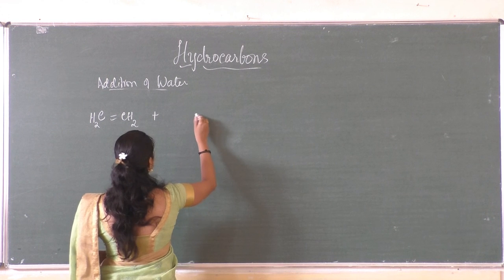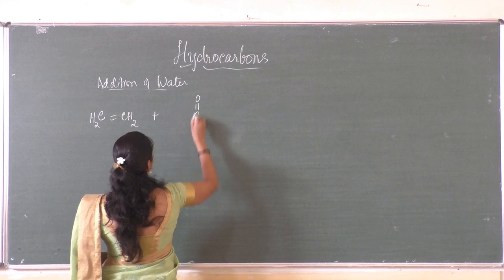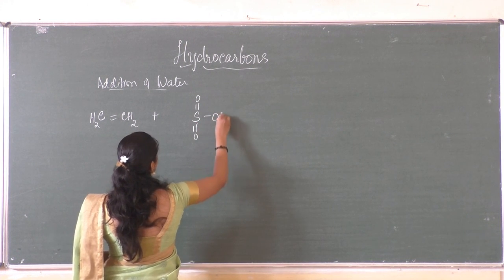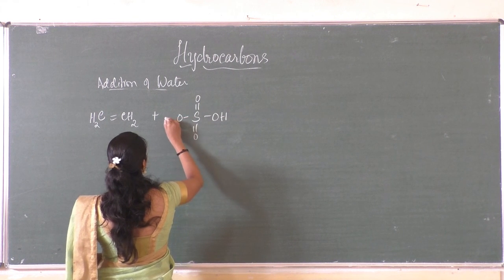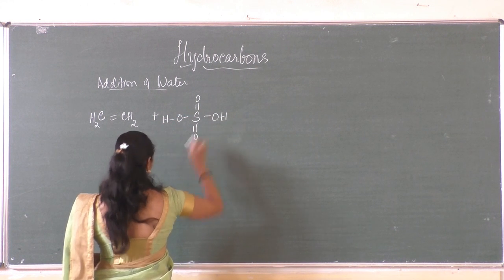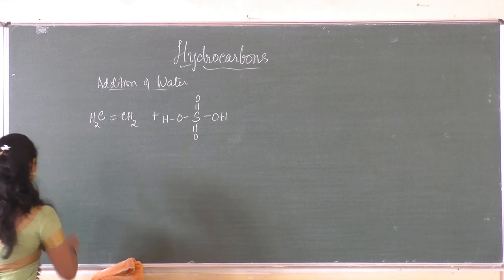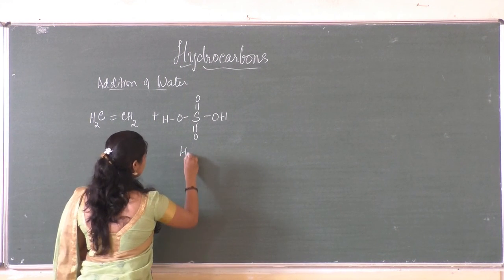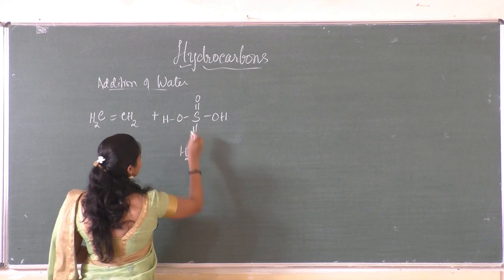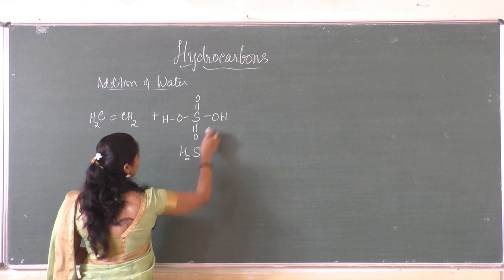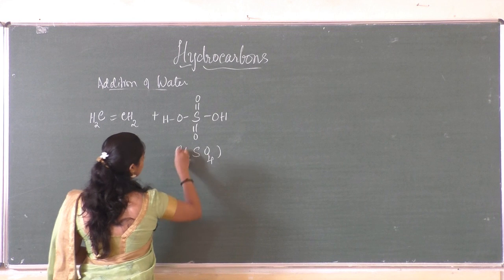Sulfuric acid, the structure is: double bond O, OH, this is O bond H. Here also the same, the bond between oxygen and hydrogen exists. So this is nothing but H2SO4.